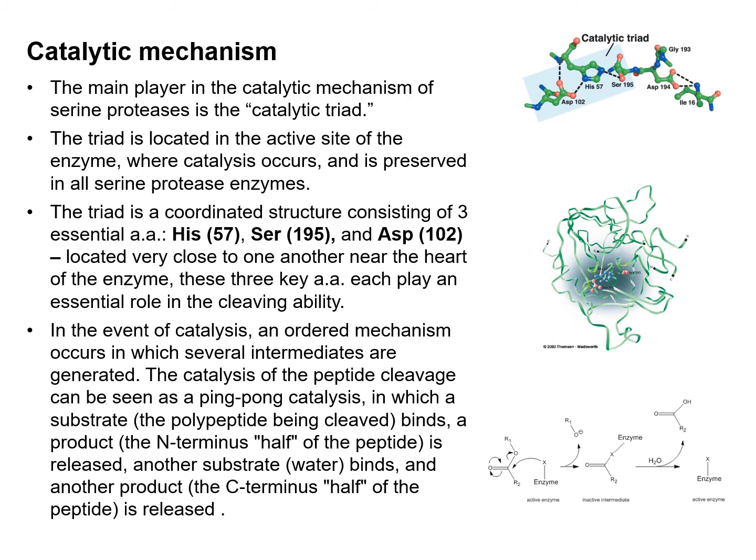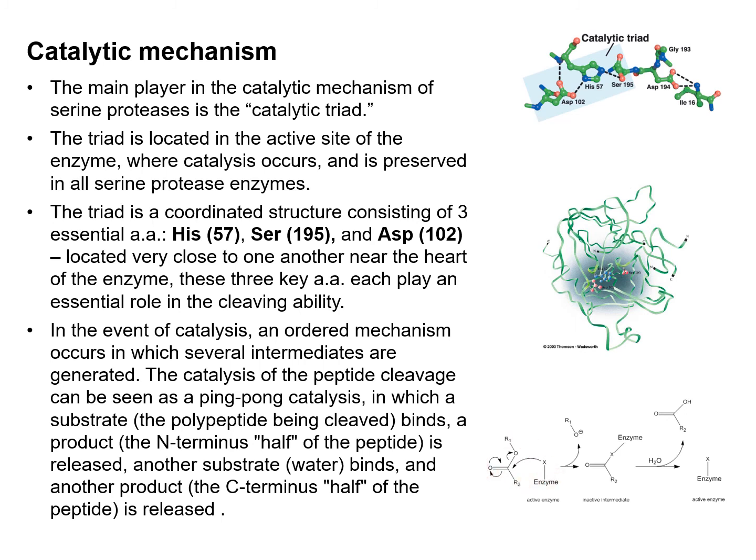In the event of catalysis, an ordered mechanism occurs in which several intermediates are generated. You can see it in this sort of simplified diagram. The catalysis of the peptide cleavage can be seen as a ping-pong catalysis in which a substrate, which is a polypeptide being cleaved, binds to an enzyme to form the ES complex first.